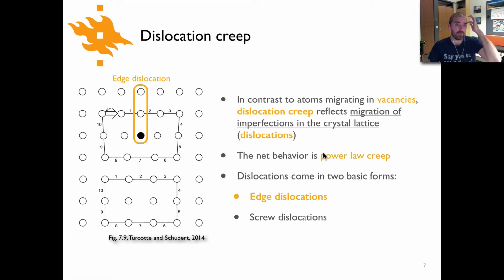Now there are basically two different kinds of dislocations, edge dislocations and screw dislocations. What you can see on the left side of the slide here is an example of a diagram of an edge dislocation. Maybe not so easy to tell exactly what we're looking at, but in this case you can imagine we're looking at the side of some crystal with a regular lattice of elements that are forming the structure of the crystal.